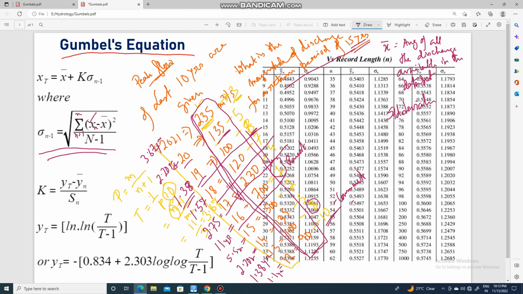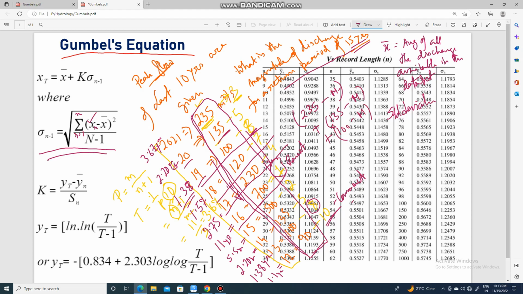For example, if I start from 235 minus mean, plus then 135 minus mean of discharge, plus 100 minus mean.